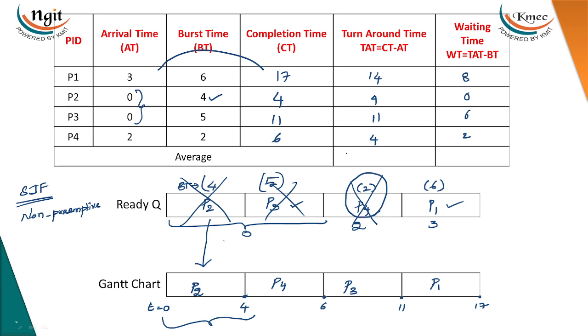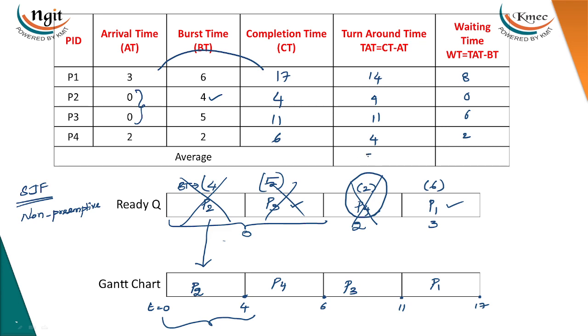So what will be the average turnaround time? 14 plus 4 plus 8 plus 4, you will get 14 plus 4, 18, 29, and 33.